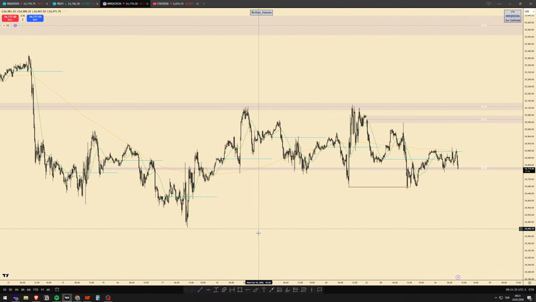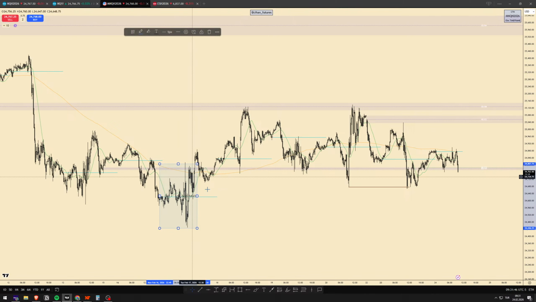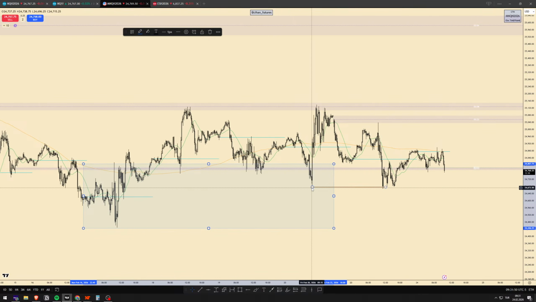Now, if we zoom out, we see a consolidation area over here, and this would be the retracement towards the consolidation area. Why this? Because this was the low that was created the last high, right?